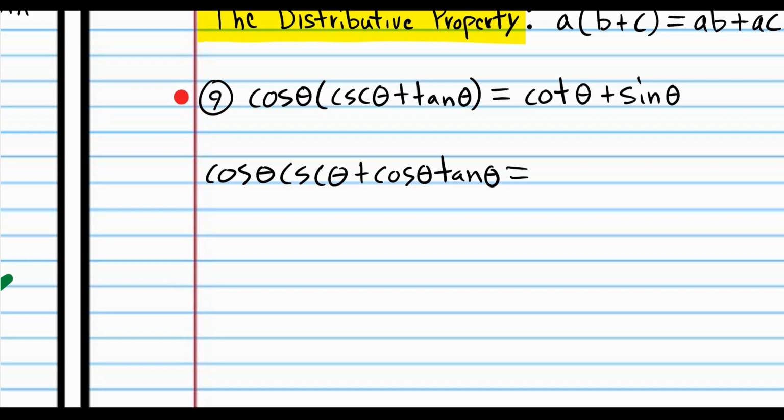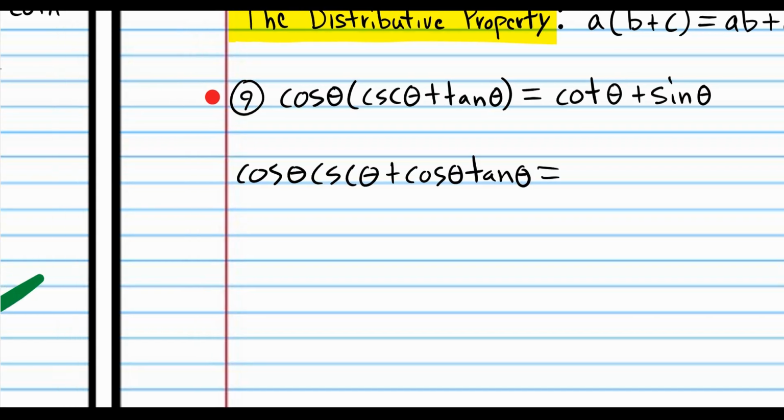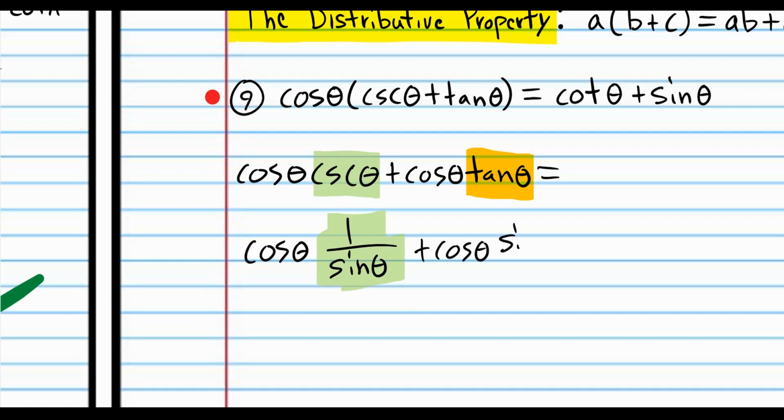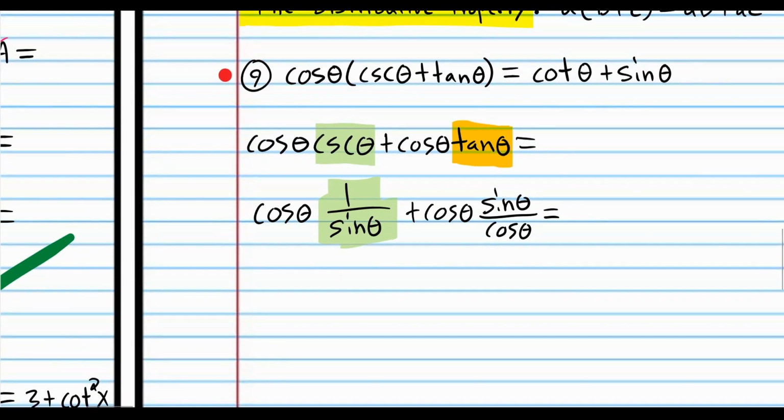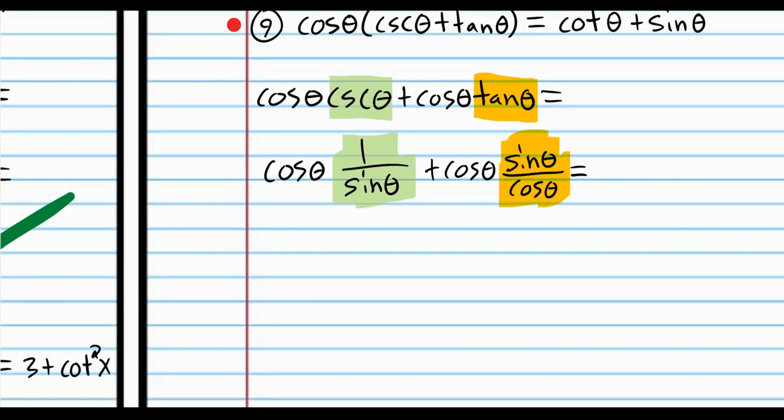So we are now going to use a reciprocal identity. We're going to change that cosecant to 1 over sine, and we're going to change the tangent theta to sine theta over cosine theta. So when we multiply these terms here, we get cosine theta over sine theta.